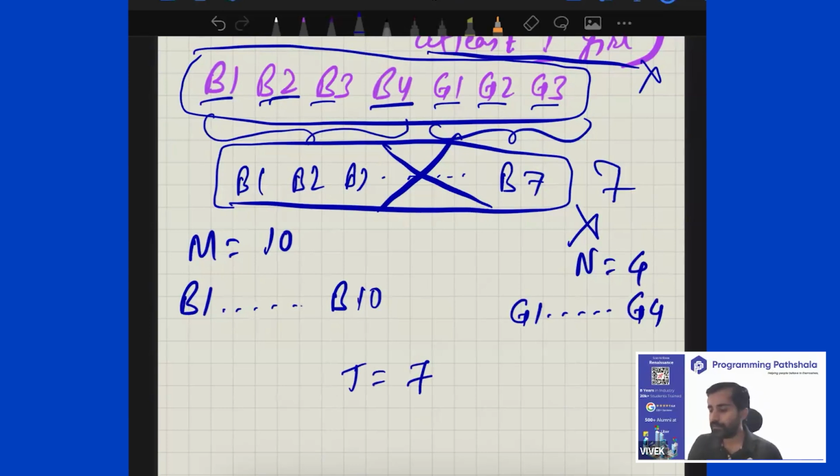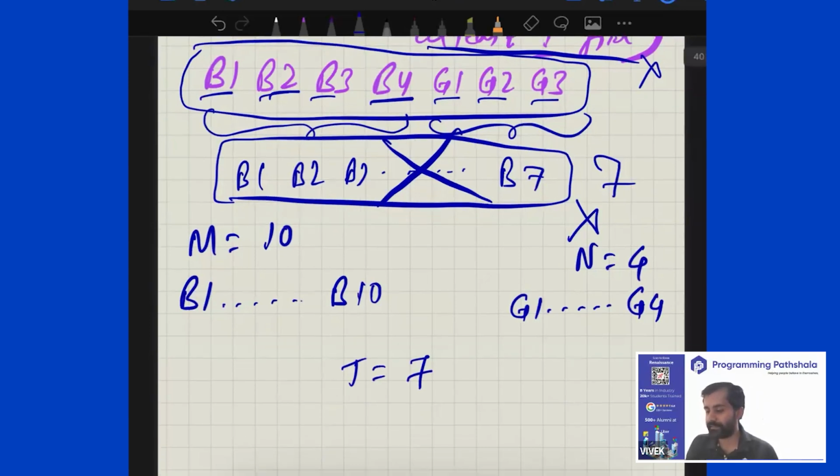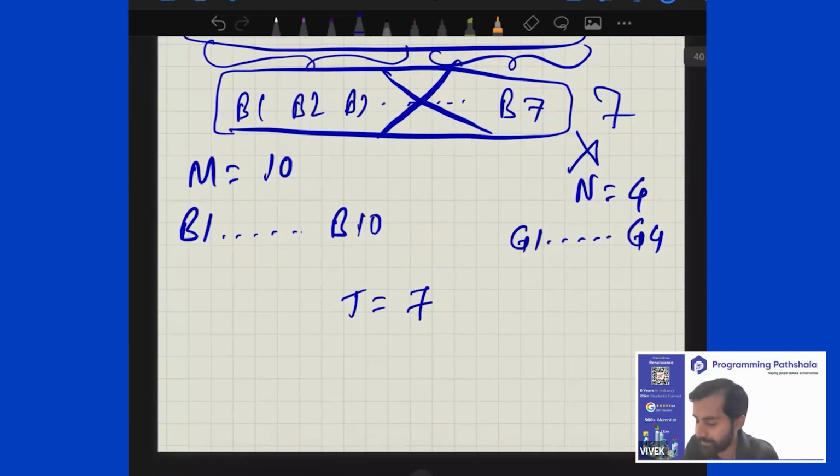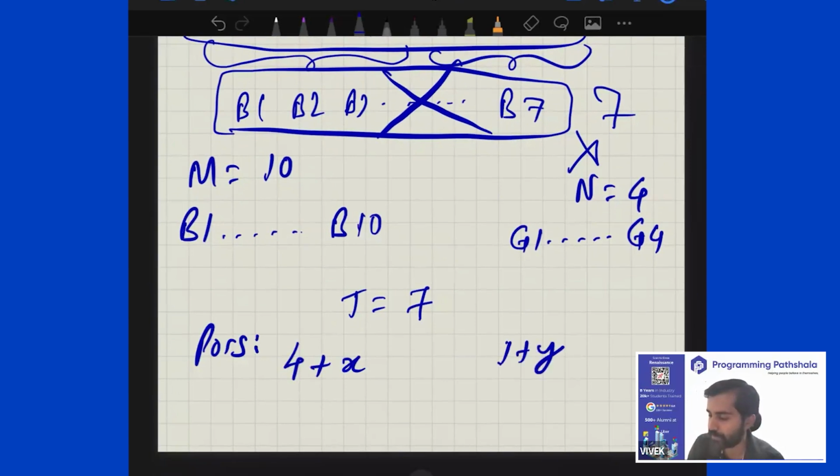So what all possibilities exist? What are the different categories? You would say that the number of boys should be 4 plus something, and the number of girls should be 1 plus something.